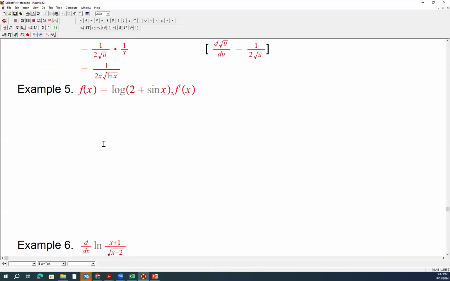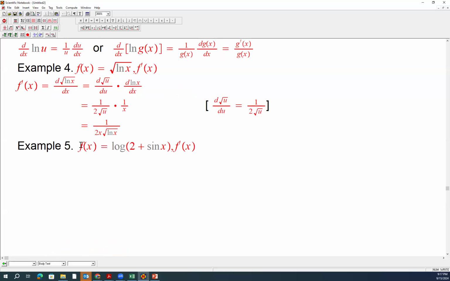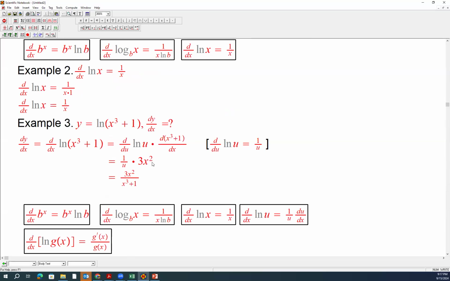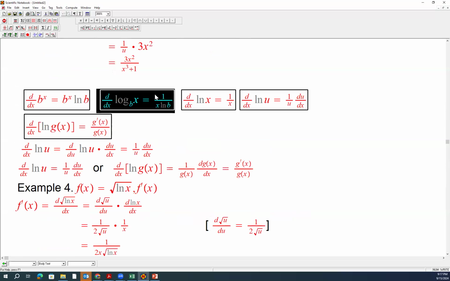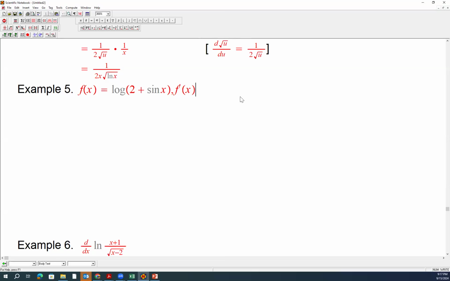Number 5. Let's look at number 5. We have a common log. We want to find the derivative of it with respect to x. And of course, by this time, we already have this formula with us. So let's see how we're going to do the substitution here. We're going to apply the formula.